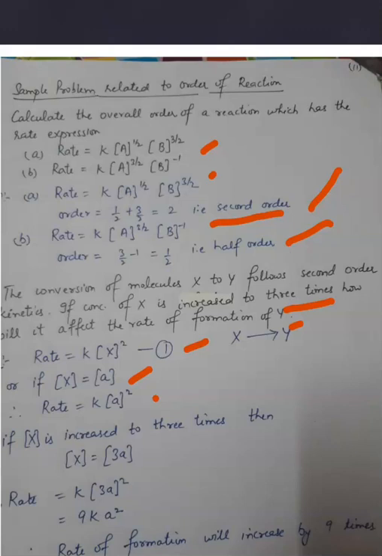According to the question, X is increased to 3 times, means earlier the concentration was a, now it will be 3a, so rate will be K (3a) to the power 2. 3 to the power 2 means 9 K a square. Earlier the rate was K a square, now the new rate will be 9 K a square.